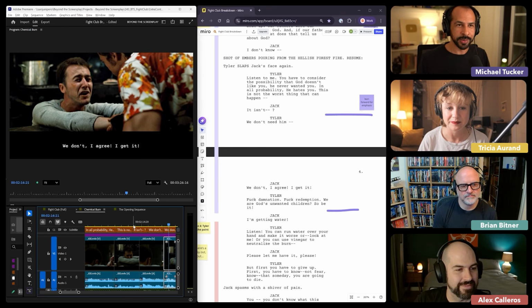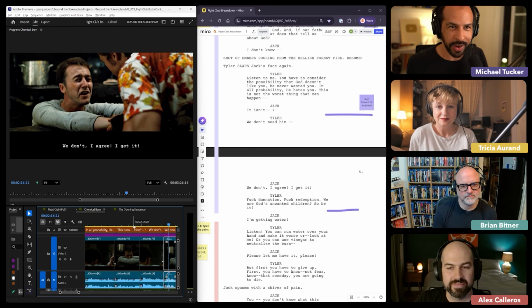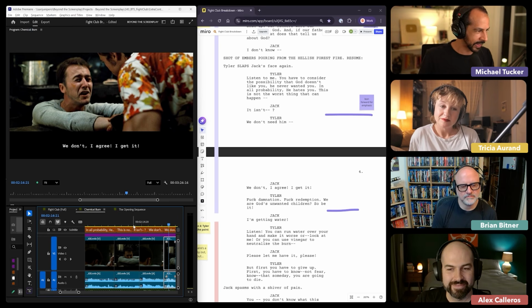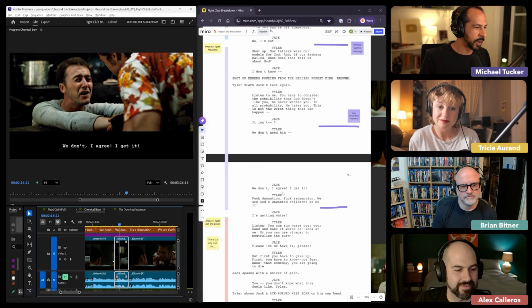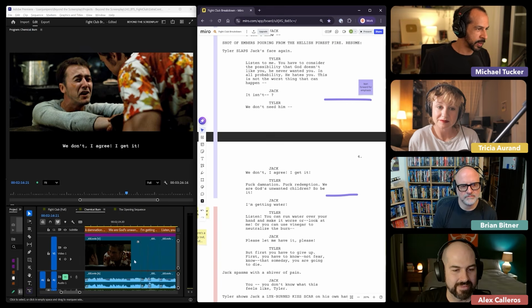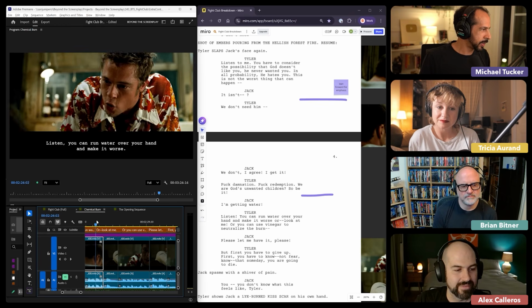That's blocking too, right? You have a shot, but within the shot, you can have your actors move into a close-up to emphasize all of this. And all of that climaxes with the "yeah, we don't need him, so be it."